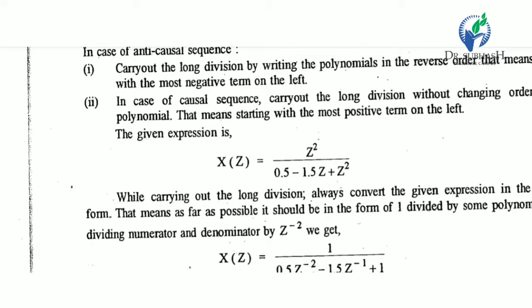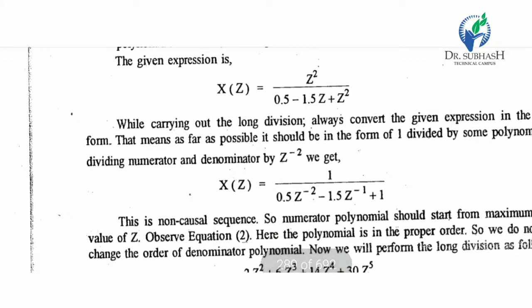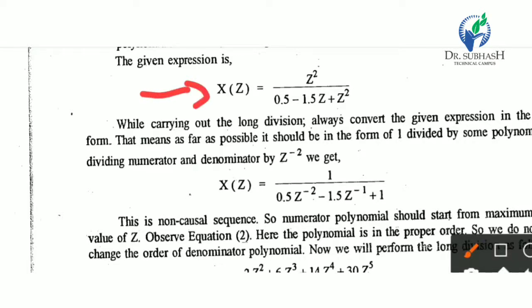The given expression is X(z) = z^2 / (0.5 - 1.5z + z^2). While carrying out the long division, always convert the given expression into the simplest form. That means as far as possible it should be in the form of 1 divided by some polynomial. So here the z^2, we have to make it 1.